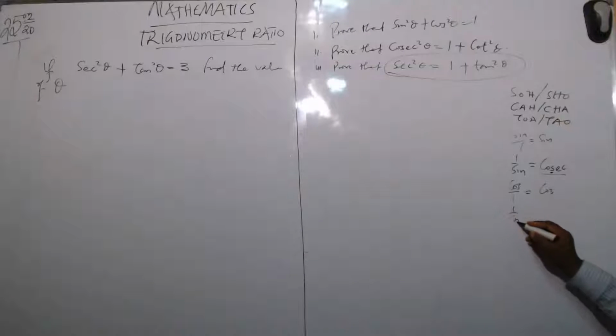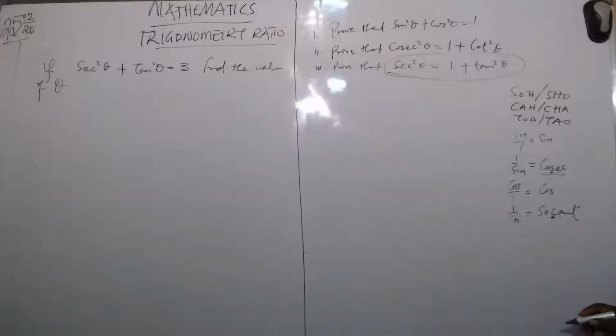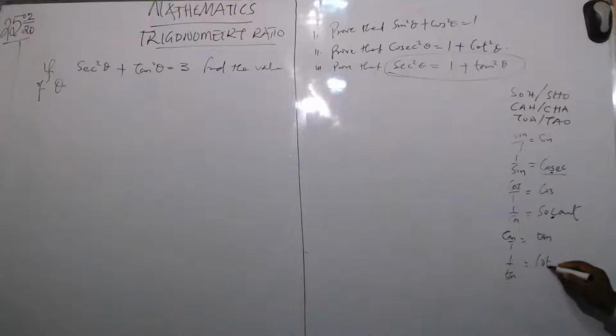Now 1 over cos, we are going to have sec. The third letter there signifies 1 over cos. Then tan over 1, and 1 over tan gives cot. The third letter there signifies 1 over tan. So take note of this, why we solve that.